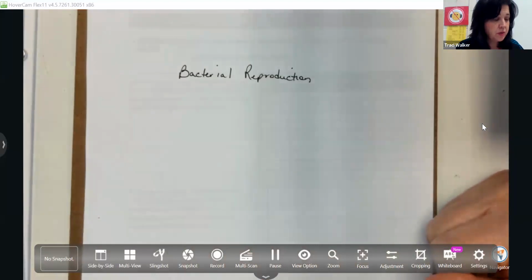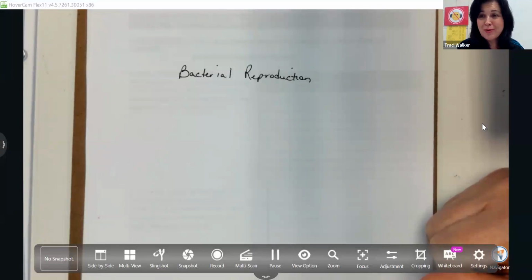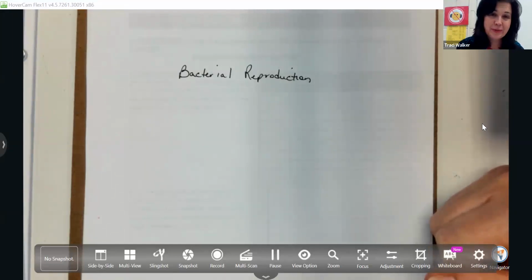So we know that bacteria can reproduce very rapidly. In fact, they can reproduce every 20 minutes. Unlike humans, it takes us 9 months to reproduce and make a baby, actually longer than that for the mama to get ready again. There are people that have children 1 year apart, but at a minimum it's a year between reproduction cycles for humans.